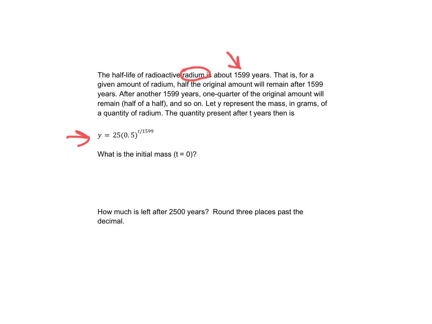1,599. Couple of questions, okay? What is the initial mass? So what is T equals 0? Well, that would mean you'd have Y equals 25 times 0.5 to the T, which is 0, over 1,599. Well, logically speaking here, 0 divided by anything is just 0.